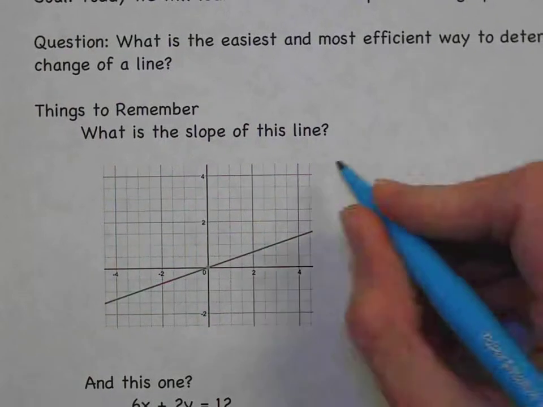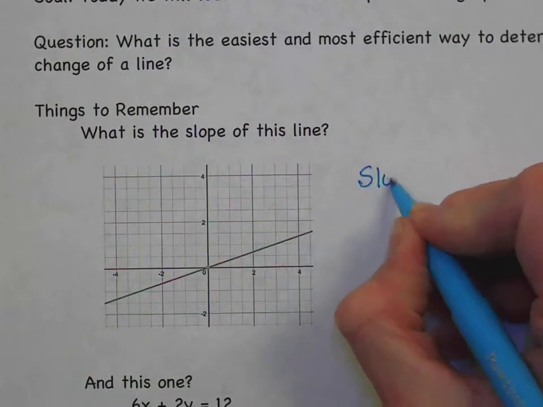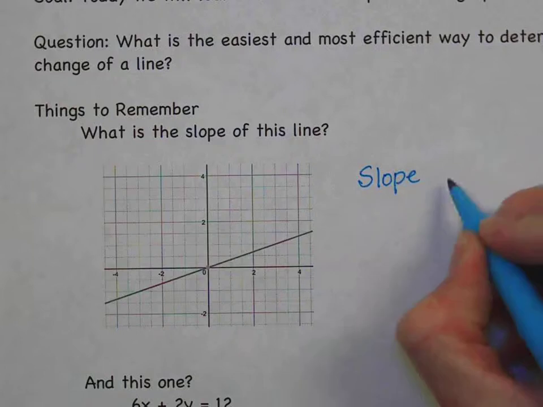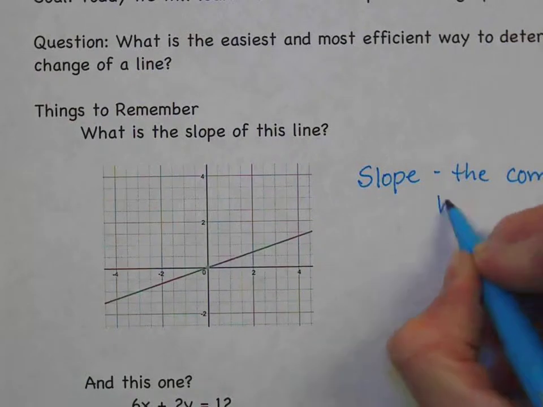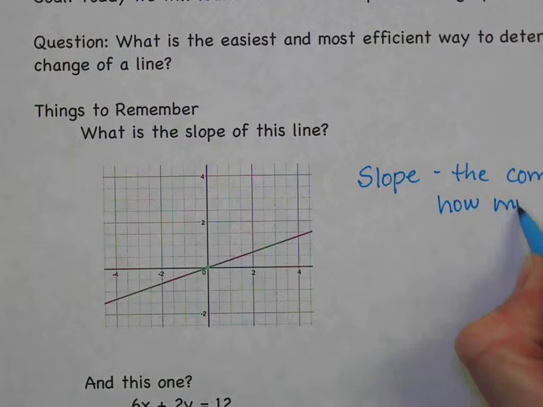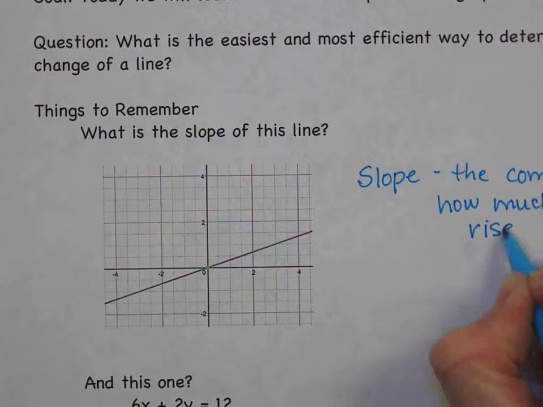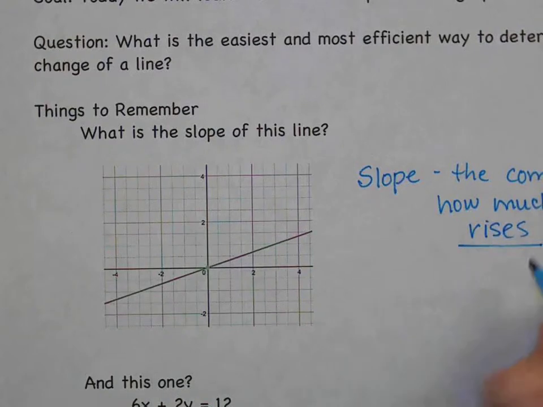Now what you have to remember about slope is that slope means the comparison, right? The comparison of how much the line rises divided by how much the line runs.